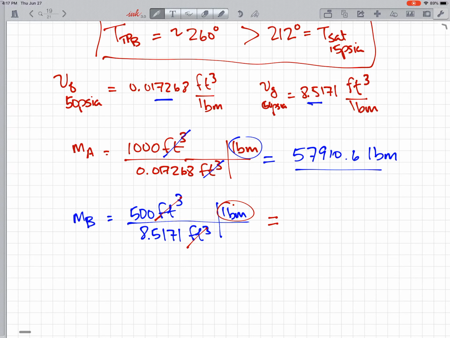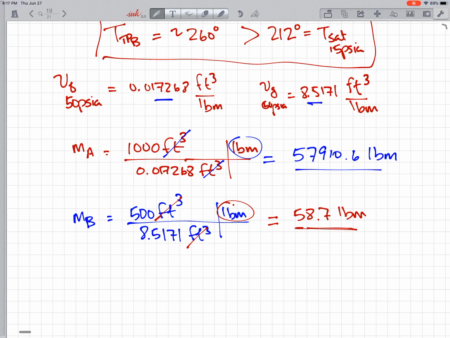So the number for just the steam, since there's water in there as well, is 500 divided by 8.5171, which is 58.7 pounds mass. We are taking 100 pounds mass out.